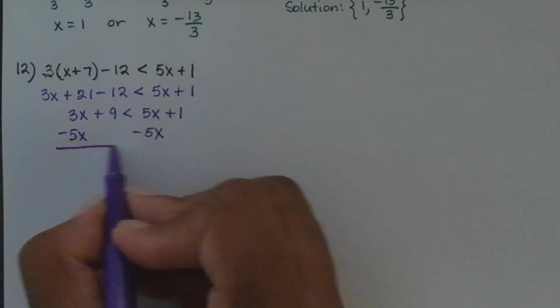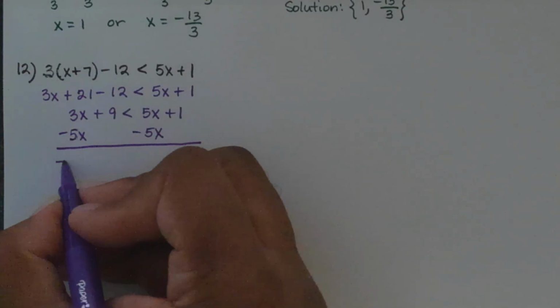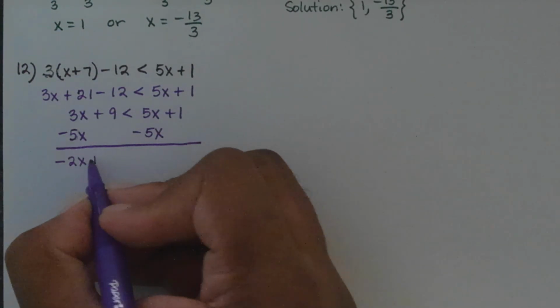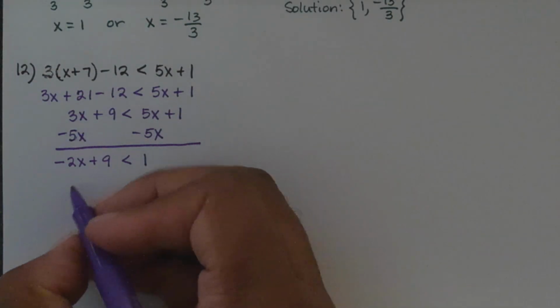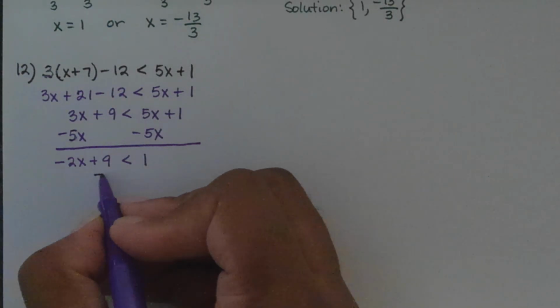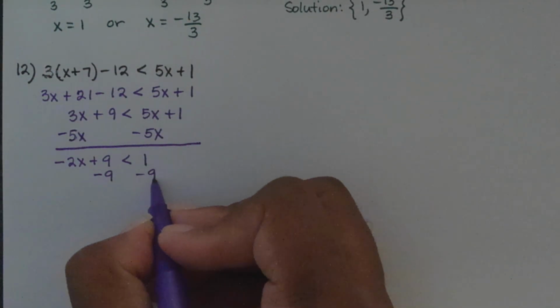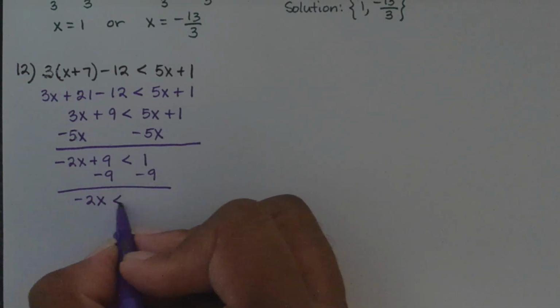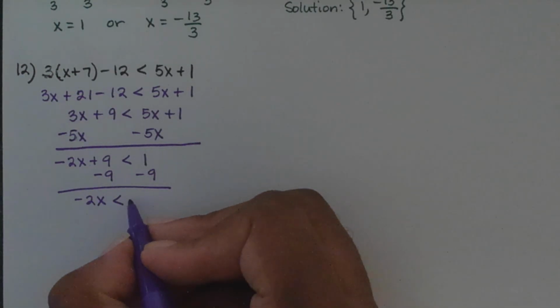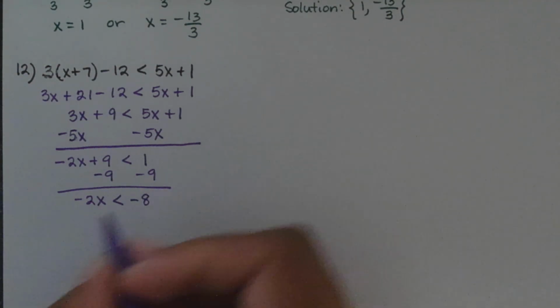Now, what's 3x minus 5x? Negative 2x plus 9 is less than 1. And then to get negative 2x by itself, I need to subtract 9. So negative 2x is less than 1 minus 9, negative 8.